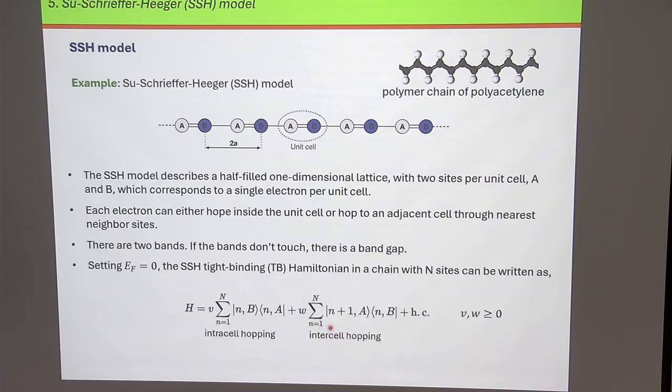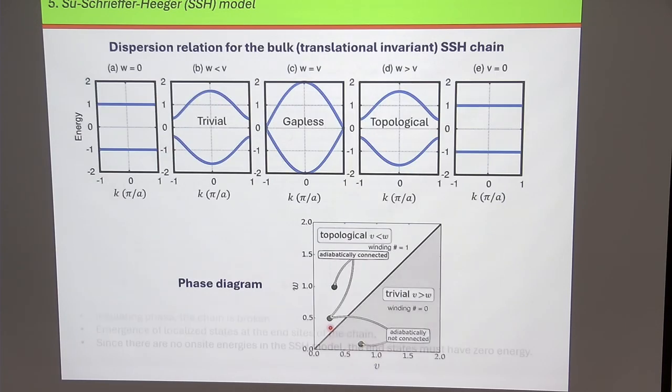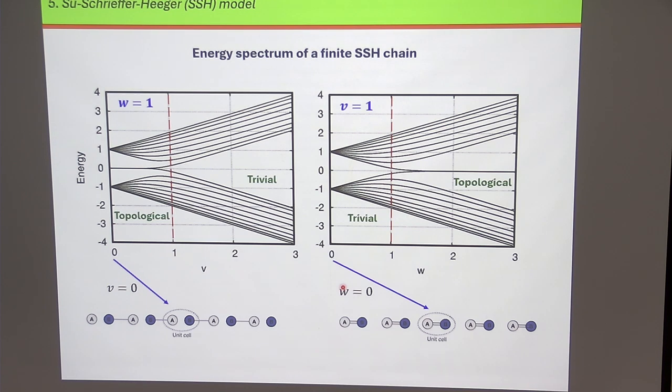So these states that are localized here must have zero energy. And this is what you see in the spectrum, actually. At B equals 0, you see these states with zero energy.